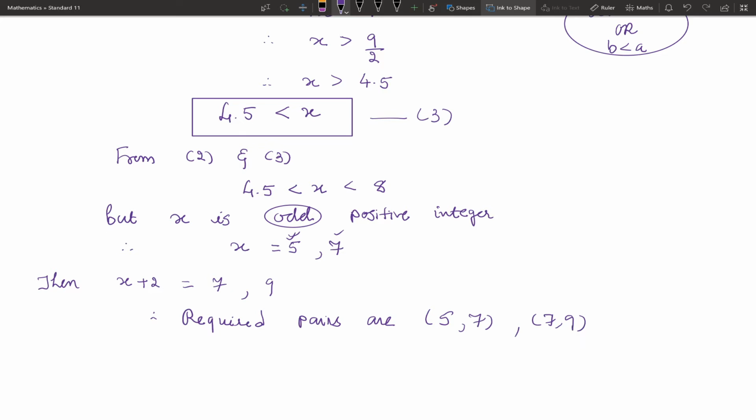Sum: 5 plus 7 is 12, and 7 plus 9 is 16. Both sums are greater than 11 and each number is less than 10. You can observe both numbers are less than 10. Consecutive odd integers whose sum is greater than 11 and individually both are less than 10, and therefore the required pairs are 5, 7 and 7, 9.